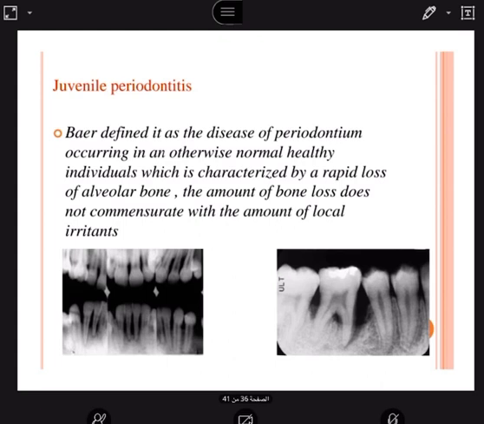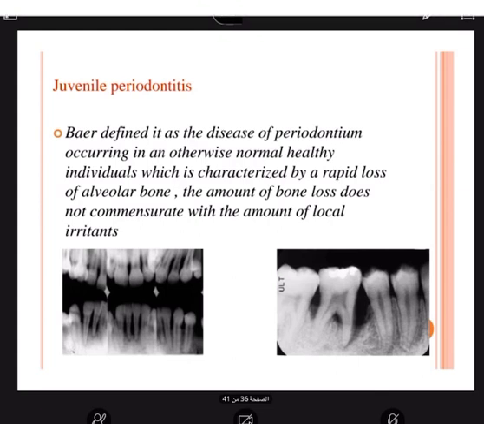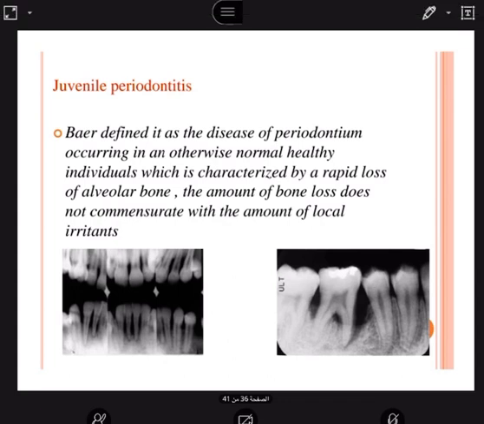Usually, as I told you, in debilitating conditions like diabetes mellitus or an immunocompromised state, you will find periodontal disease. But here the individual is healthy, he does not have any issues, but there is still a rapid loss of alveolar bone. The amount of bone loss does not commensurate with the amount of local irritants. Say, for example, there is a limited amount of calculus. For that limited calculus, at most the patient should have gingivitis, or a localized anterior marginal gingivitis.